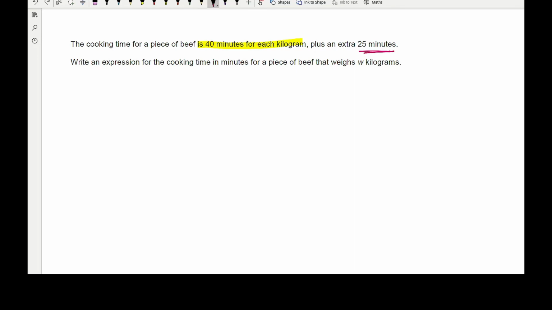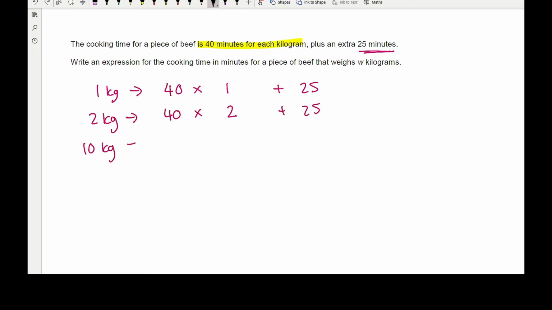So if I had 1 kilogram, how long it would take is going to be 40 times 1 plus 25. If I had 2 kilograms, then that would be 40 times 2 plus 25. If I had 10 kilograms, then that would be 40 times 10 plus 25.